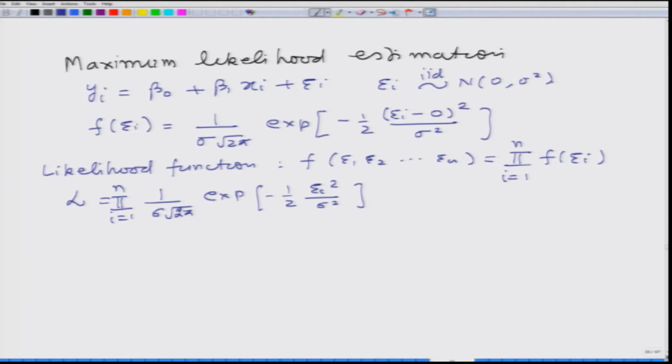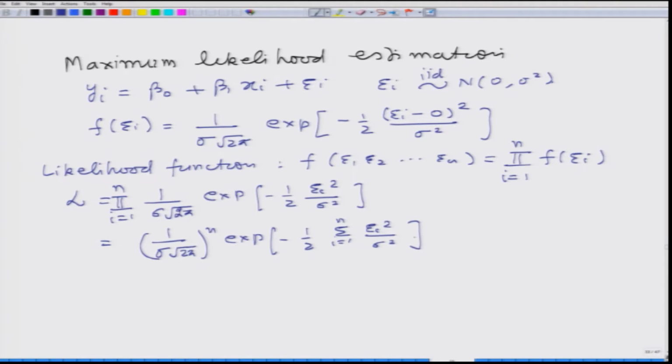So, this becomes nothing but 1 over sigma square root of 2 pi raised to power n, and exponential of minus 1 over 2 summation i goes from 1 to n epsilon i square upon sigma square.